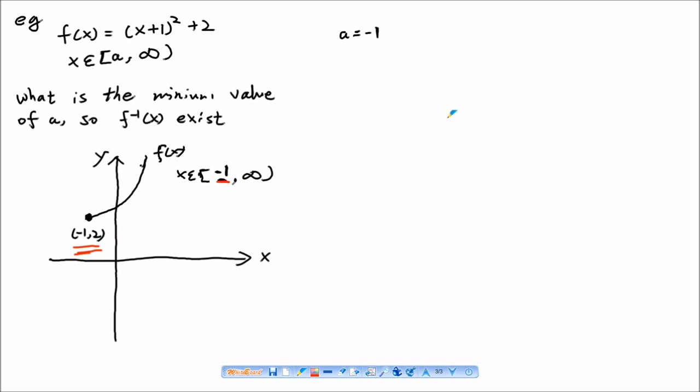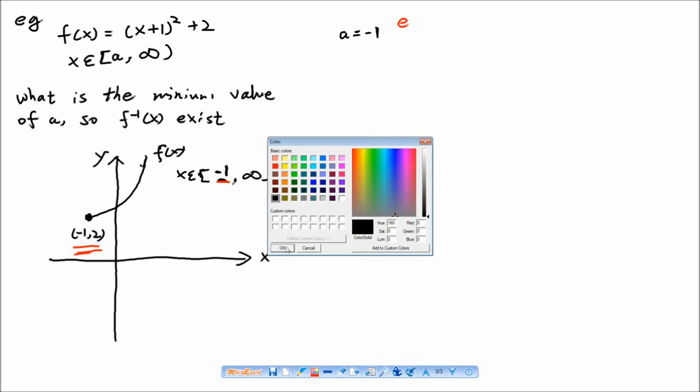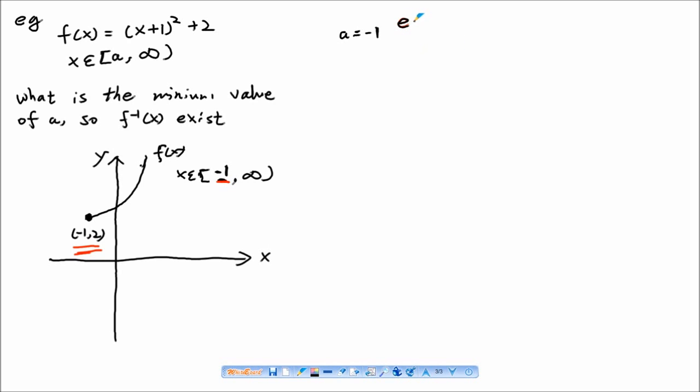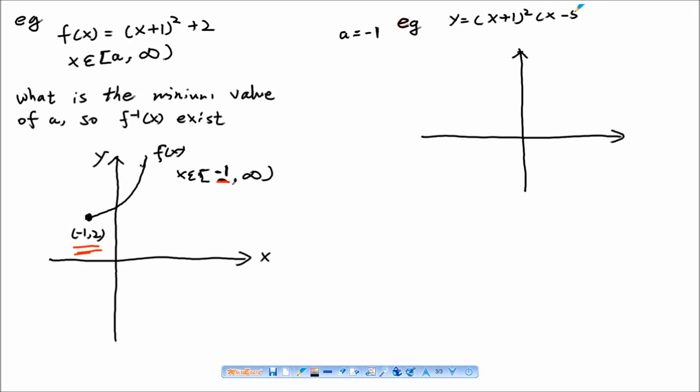A more complex example would be, if you have a graph like that, y equals (x plus 1) squared times (x minus 5), and the domain is a to 0.